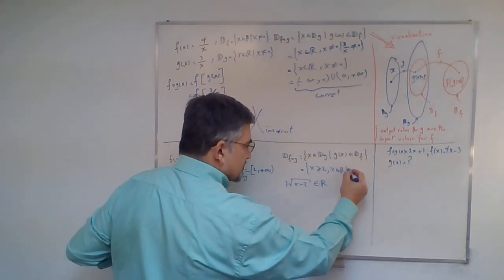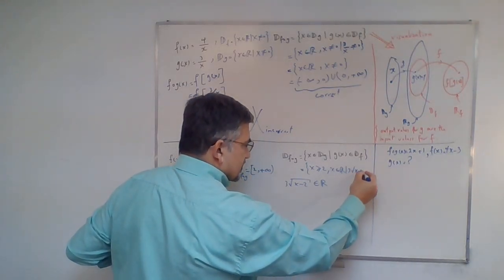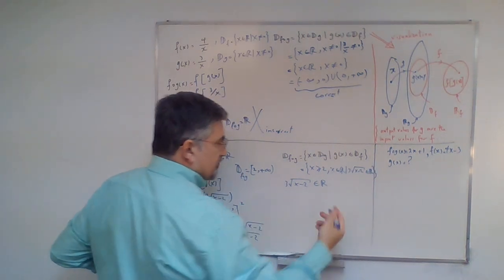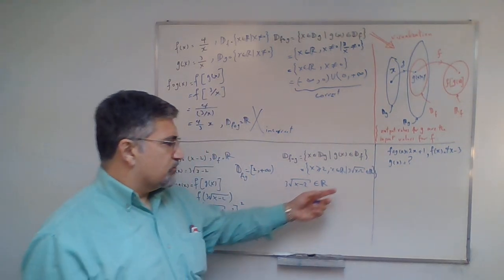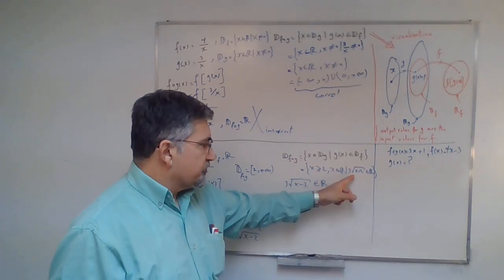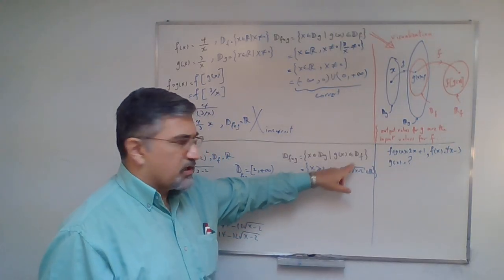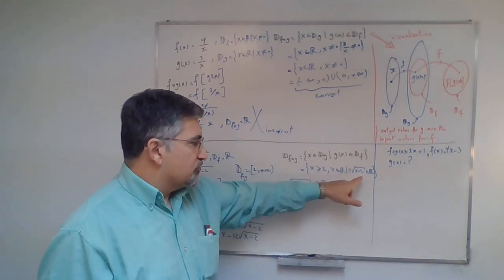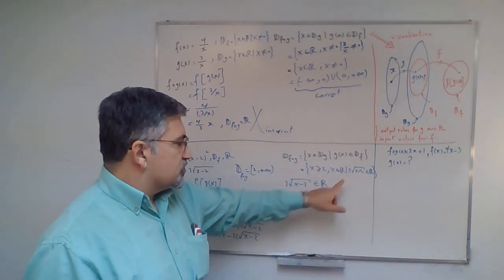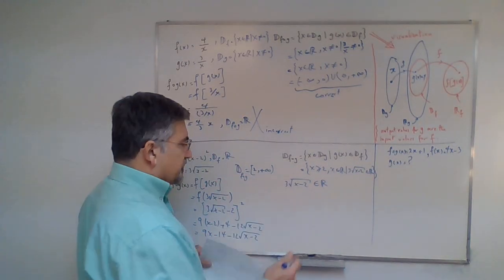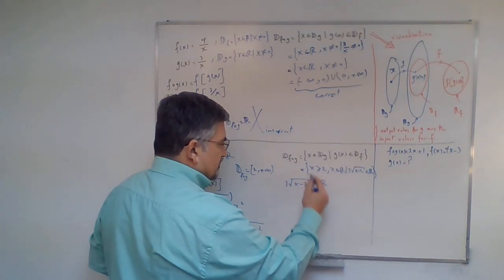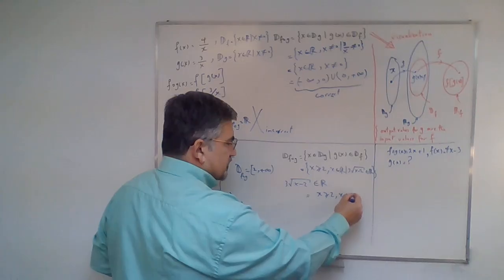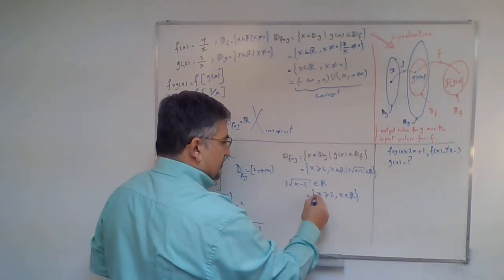So if I rewrite this here, 3 times the radical, I'm saying this has to be an element of the real numbers, and that is automatically satisfied, because a square root function is a positive function. 3 times that is positive, and a positive value obviously belongs to the set of real numbers. So that condition is automatically satisfied. And now we can say that the domain of f of g is x greater than or equal to 2. And of course, x has to be a real number.